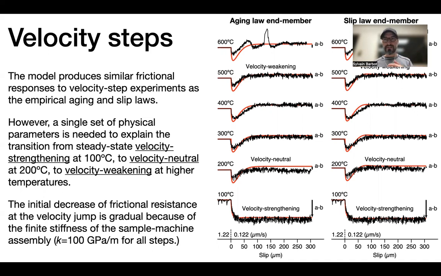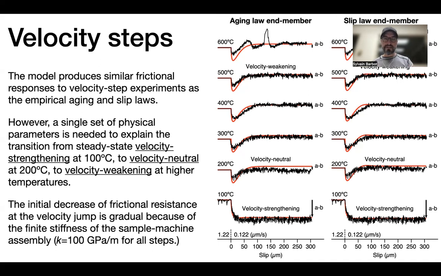So it's a reduction of velocity from high velocity to low velocity. So in velocity weakening conditions, that would lead to an increase of overall resistance at lower velocity. And in velocity strengthening condition, it would lead to a decrease of frictional strength at lower velocity.